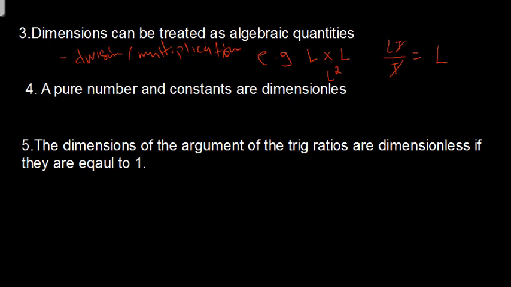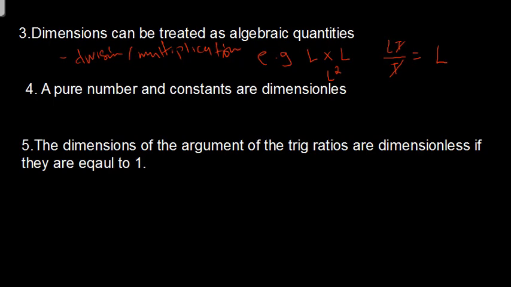And rule number 4 simply says that any pure number, any constant, unless stated otherwise, is dimensionless. And like I explained earlier, this means the dimensions of a pure number, the dimensions of a constant, are equal to 1.